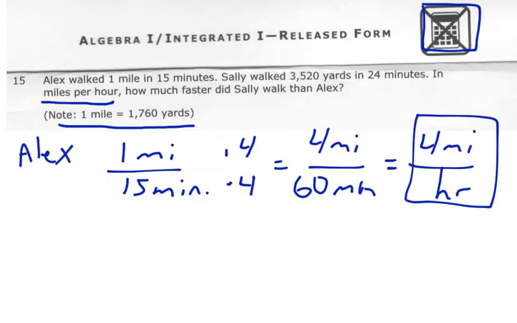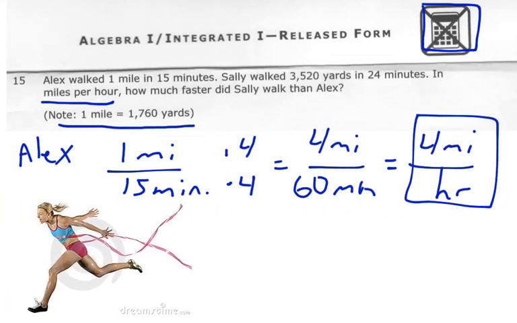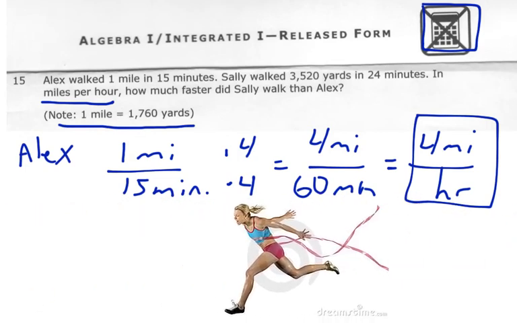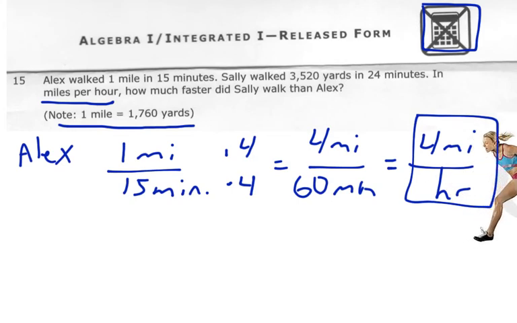So how fast were you going, Sally? And Sally responds with, I'm booking it. She's just speedy, speedy, speedy, speedy. Let's find out how speedy you are, Sally. So Sally is going to be 1,760 yards.